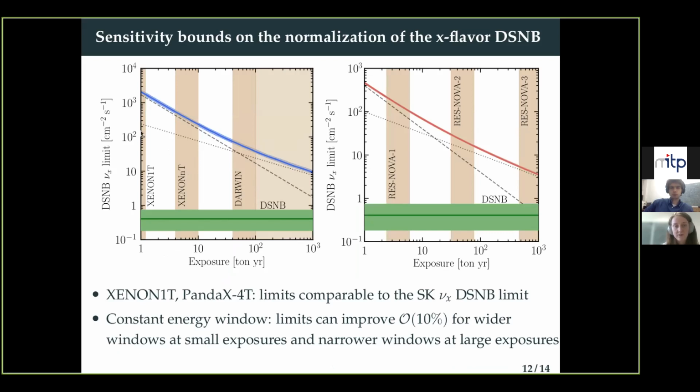Here we can see that already with the current data from XENON1T and also from XENONnT, we would get comparable limits to the Super-K limit. And in the future, as the detector sizes and exposures increase, we can get limits that are only a factor of around 10 worse than the current limit on the anti-electron neutrino flavor.